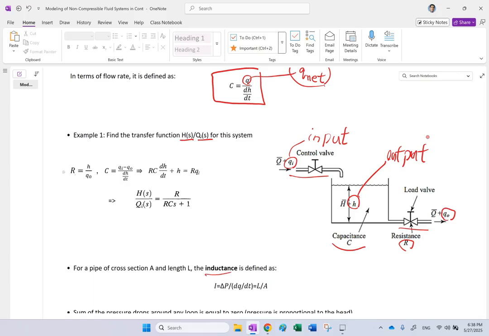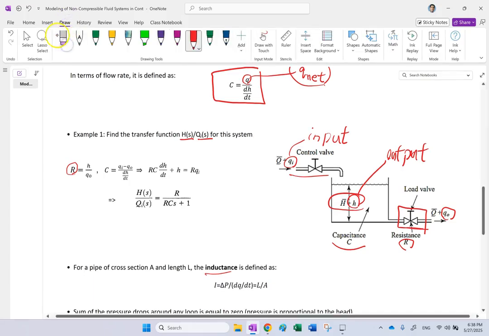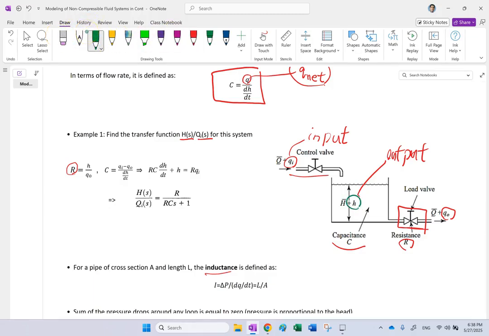So R, based on the definition for the valve, is the change in the height over the change in the flow rate. Now, in this case, what's the change in the height? Well, it is simply this H, because H bar and Q bar are the steady state values.